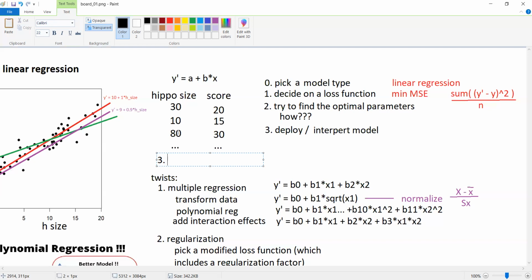So the computer sees big numbers and small numbers, and that can make it more difficult for it to approximate the optimal parameters. But when we normalize each one of our features, all of our features will be somewhere between -5 and 5, usually, and so the computer can approximate it faster. So it's like giving us easier numbers to work with.